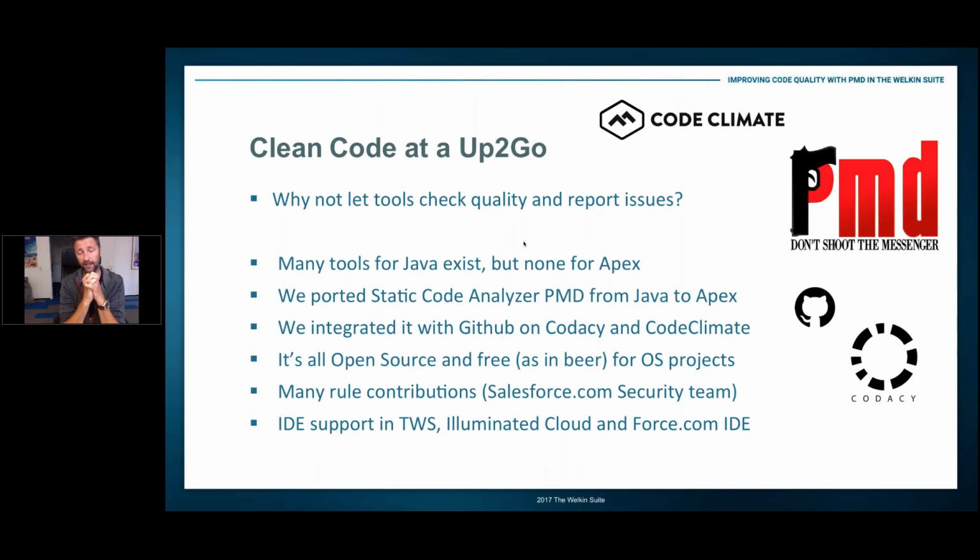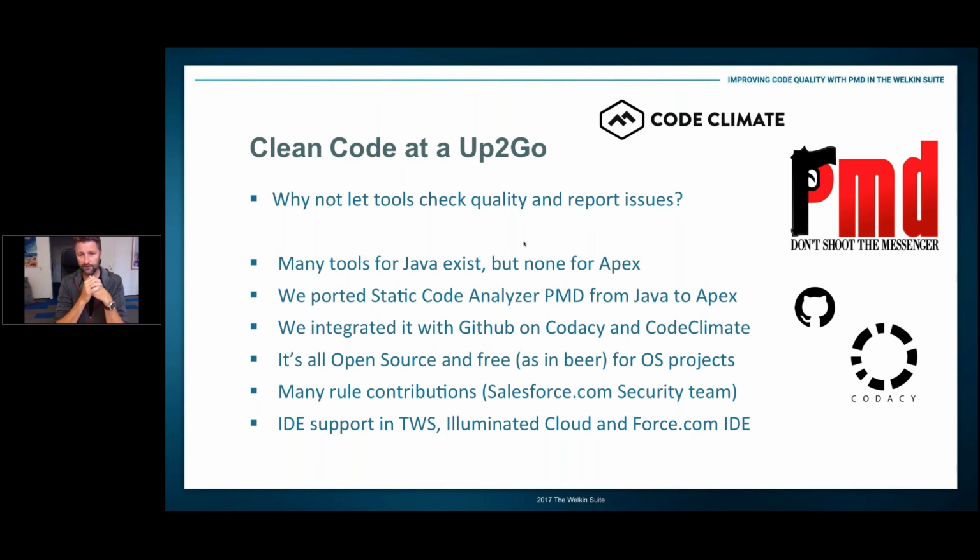We got a ton of help from Salesforce. They basically gave us their internal parser, because what PMD does, maybe I should say a few words. PMD is a static code analyzer. This means it doesn't run the code, it doesn't compile the code, it just reads the source file and then understands the structure to find certain anti-patterns.